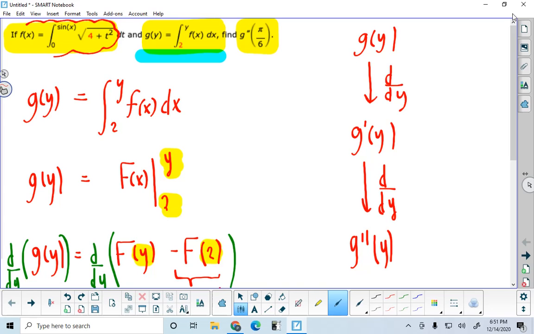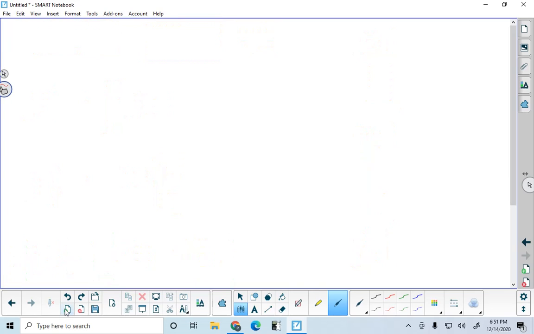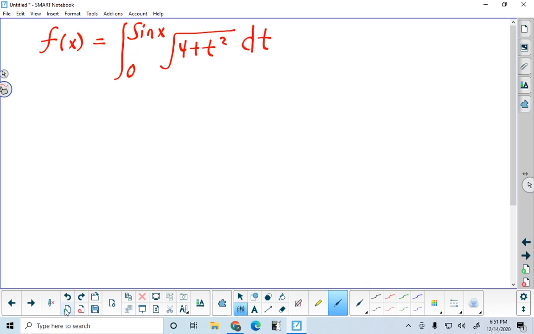So I'm going to write this on another page. F of x is equal to the integral from 0 to sine of x of the square root of 4 plus t squared dt.